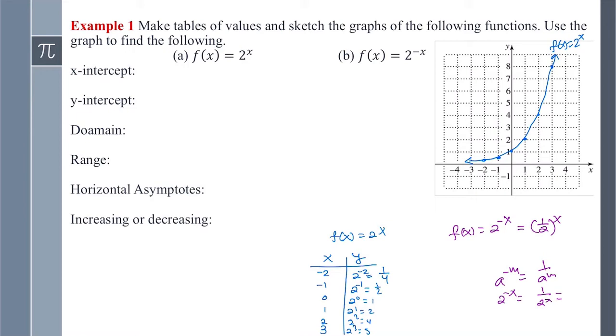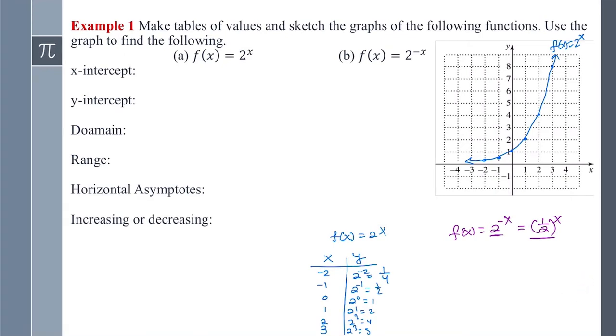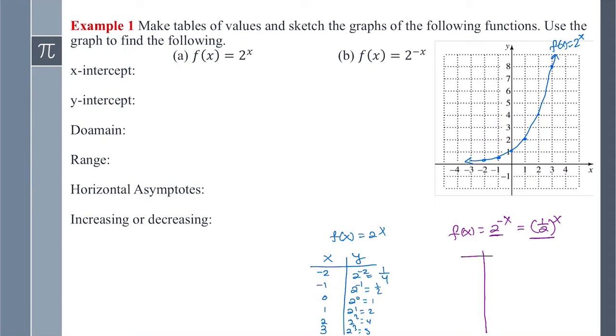And now I can put that exponent on the 1/2, because 1 raised to x is just 1, so it really doesn't matter. So 1 over 2 to the x is the same as 2 to the negative x, okay?